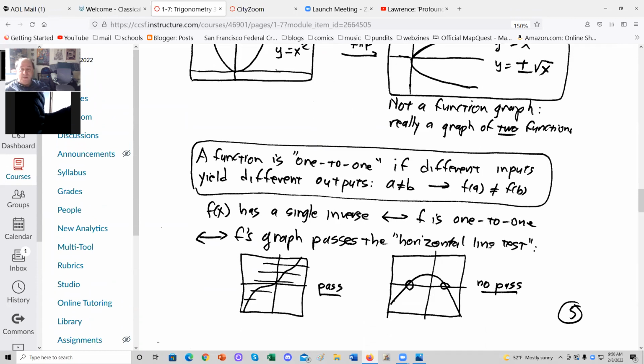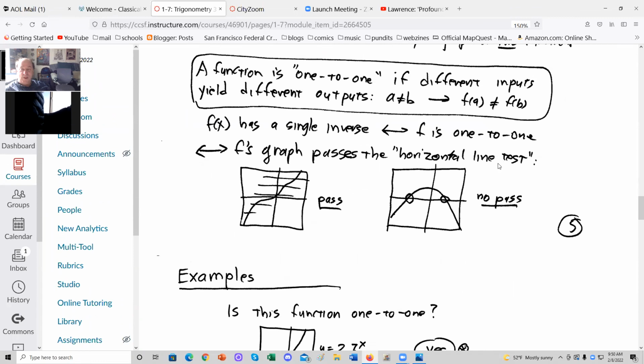And that in turn, if and only if it passes what's called the horizontal line test. The idea of a horizontal line test is that every horizontal line passes through the graph of the function at most once. Here, however, it fails the horizontal line test because here's a line that passes through it twice.